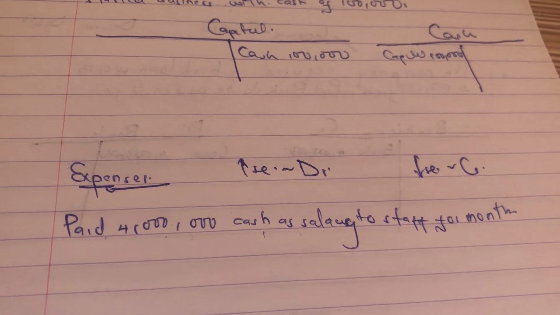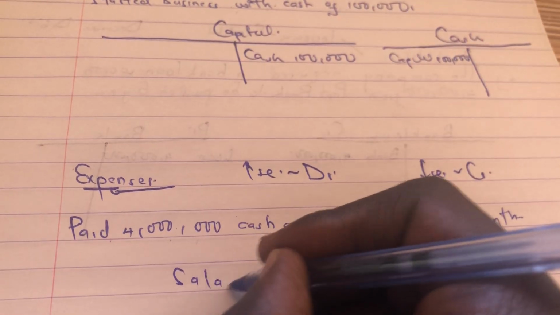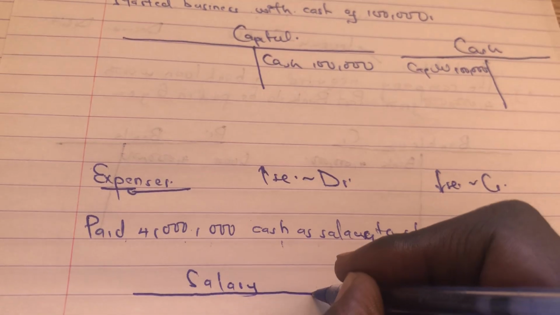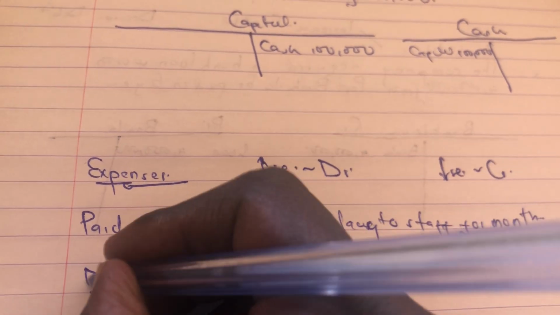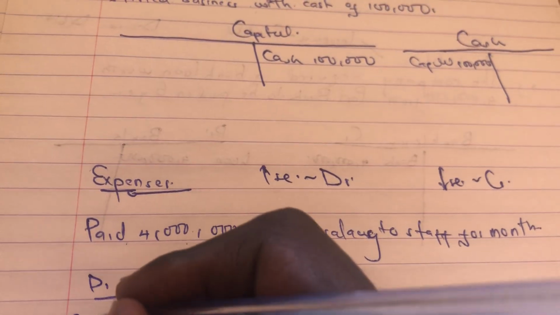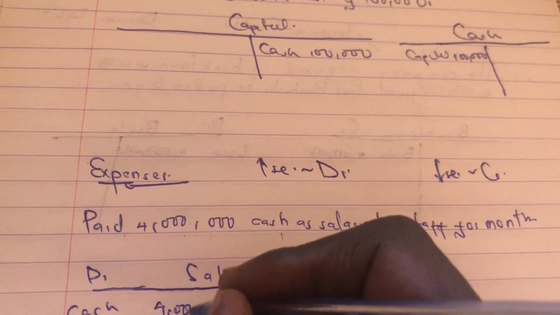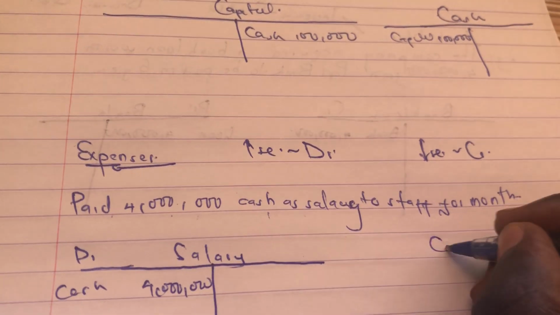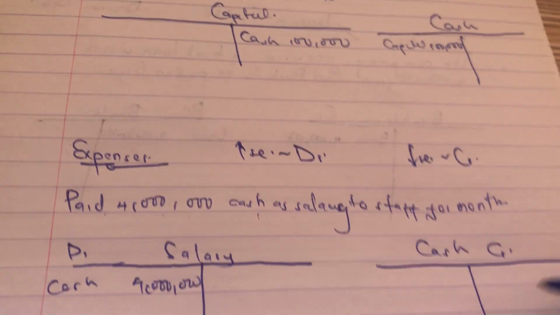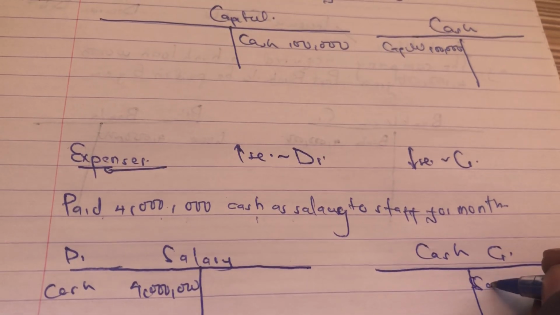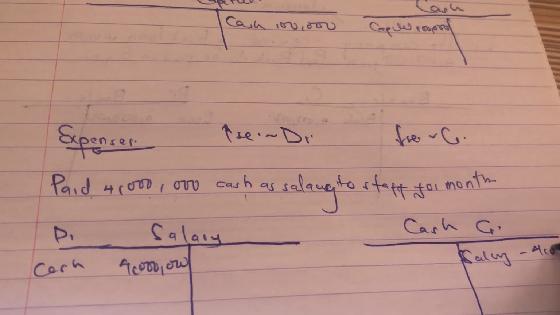So we're seeing the salary account, which is the expenses account. We shall debit it because it's increasing, with cash of 4 million. And then the cash account, the double entry will be the opposite. We shall credit the cash account with salary of 4 million.